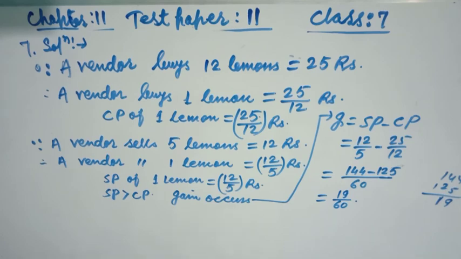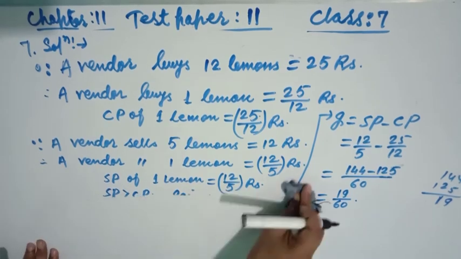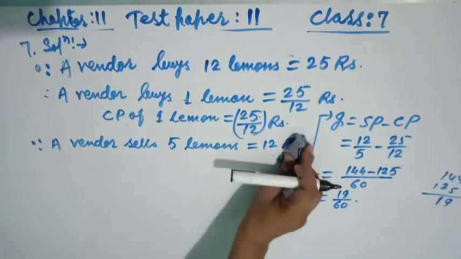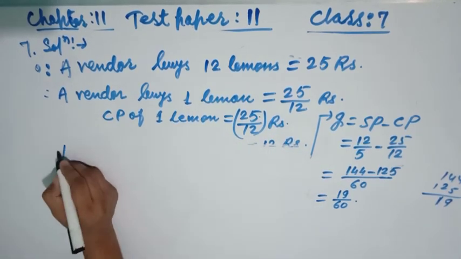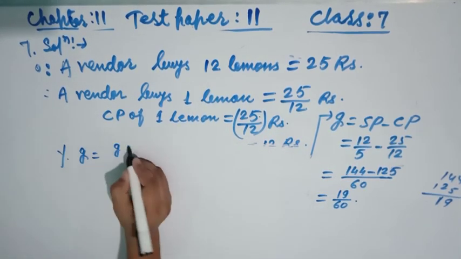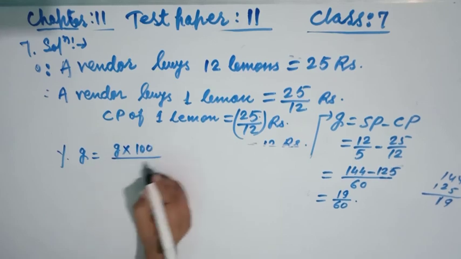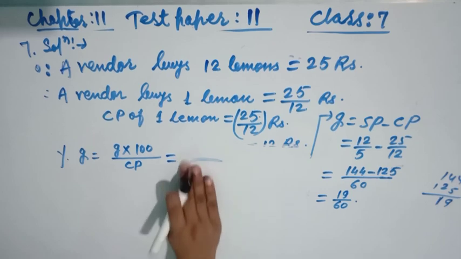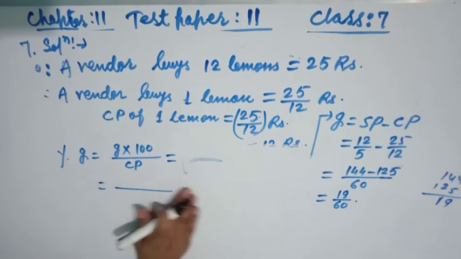Now see, friends, percentage gain. Percentage gain is equal to gain multiplied by 100 divided by CP.